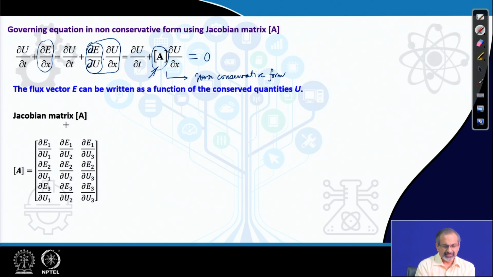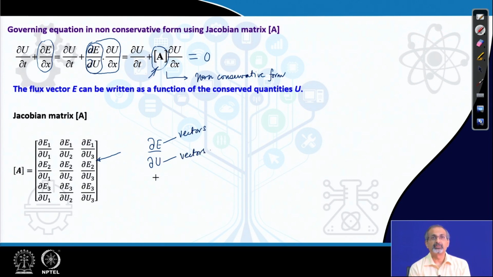This Jacobian matrix is defined like this. Since you are taking del E del u, where both of them are vectors, when you take such a partial derivative, it gives rise to a matrix with 9 components.